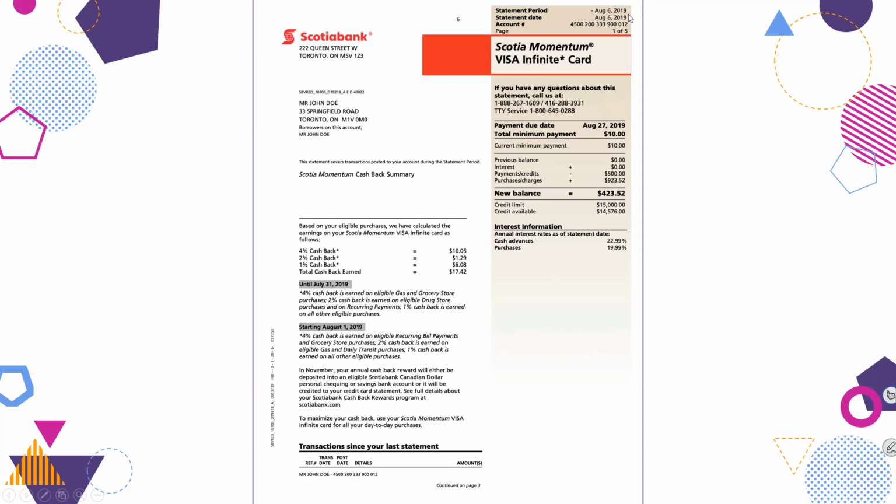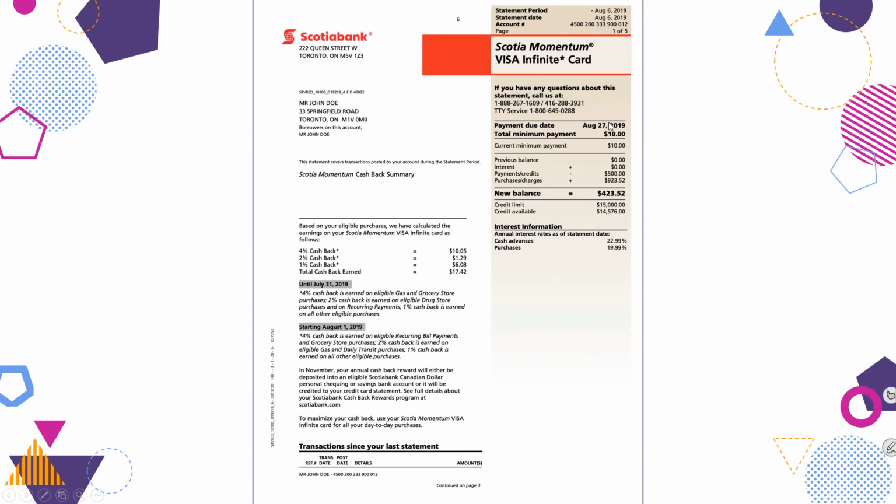So when this is talking about when your date is, like when they printed it, your account number, which is your credit card number. And then they have, if you have questions, call their call center. If you need disability support, this is the number, the TTY number here as well.